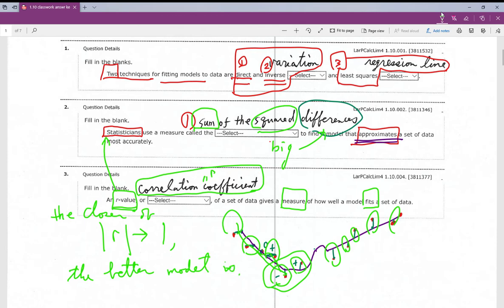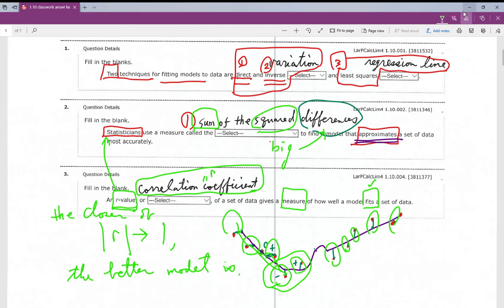Okay. When the correlation coefficient is very, very close to 1, absolute value, then we say this model is very good. If the R value, absolute value, is almost 0, it means this model is not a good fit to the data.